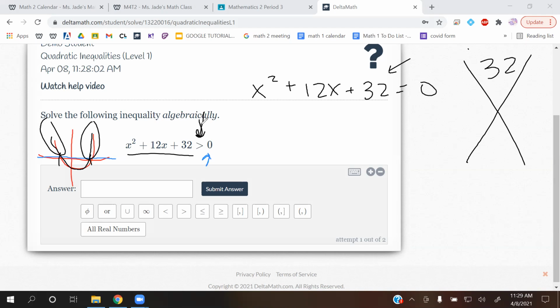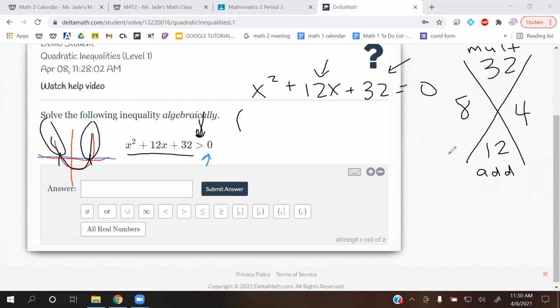You want numbers that multiply to 32. Then you take the 12 and put it on the bottom, and you want numbers that add to 12. Can you help me think about what numbers will multiply to 32 and add to 12? 8 and 4 is correct.